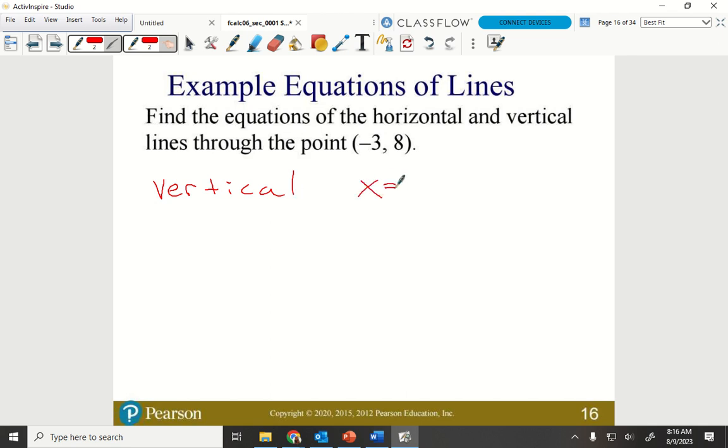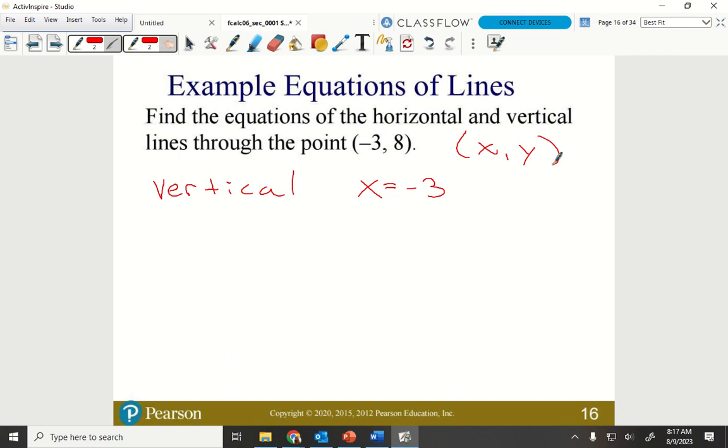Go take a look at the notes on that one. So the vertical line is x equals, and my a in this case is going to be -3. X comma y, right? So the vertical line would be x equals.